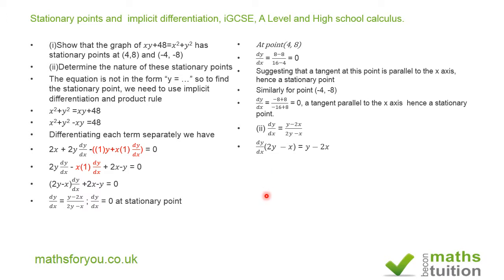So if we differentiate dy/dx first, we have d2y/dx squared times 2y minus x, and then we differentiate 2y minus x, and we have dy/dx times 2 dy/dx minus 1. On the right hand side, we have dy/dx when we differentiate y, minus 2 when we differentiate 2x. Now, we've established that dy/dx is 0.